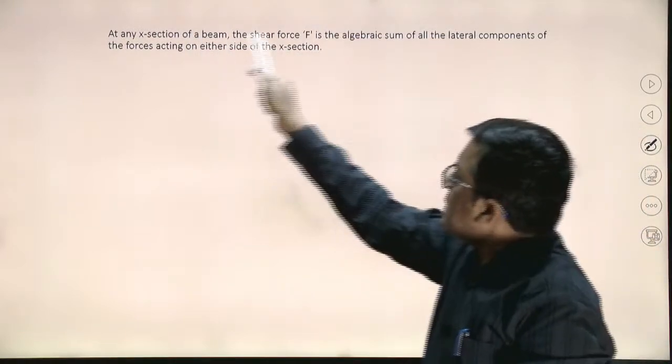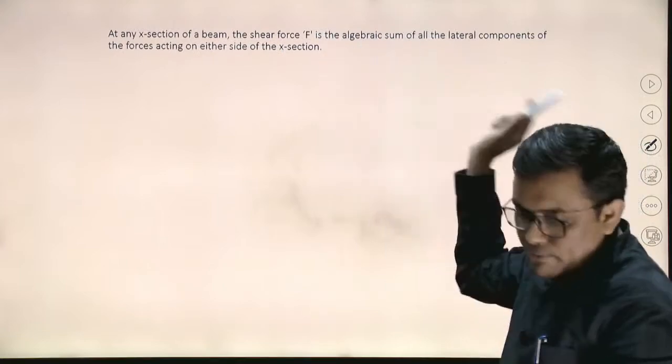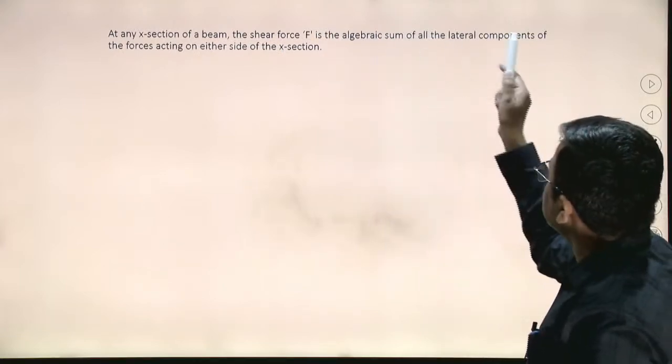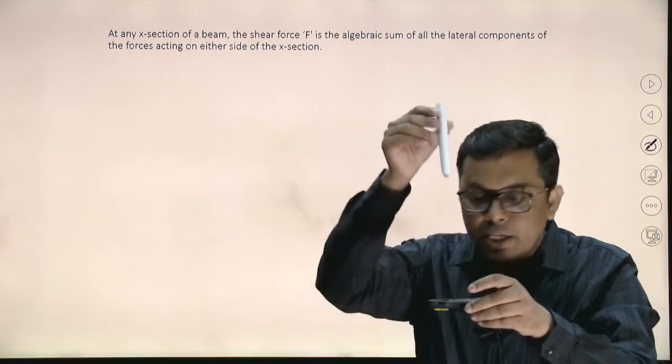So at any section of the beam, the shear force F is the algebraic sum of all the lateral components. Lateral component means perpendicular to the length.